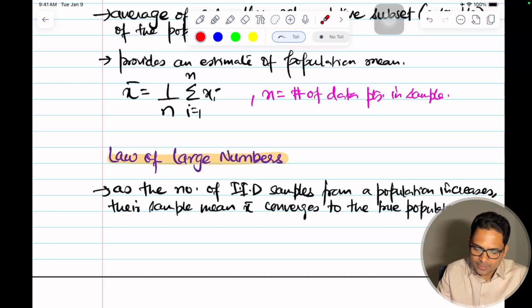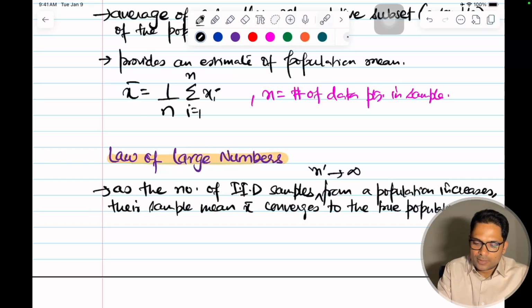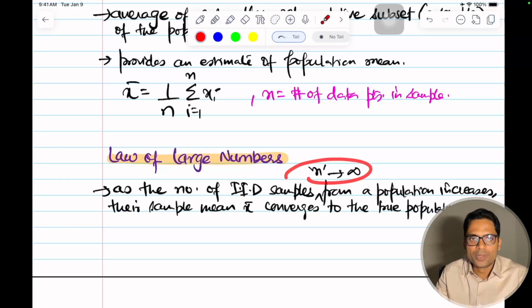So as this number of IID samples n tends to infinity, that it goes bigger and bigger, very large.